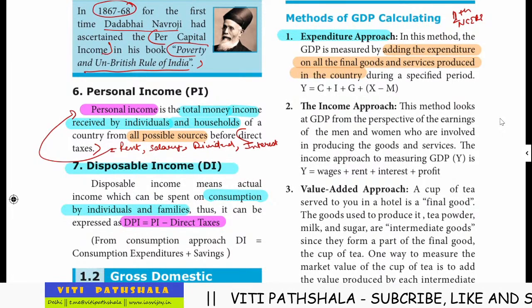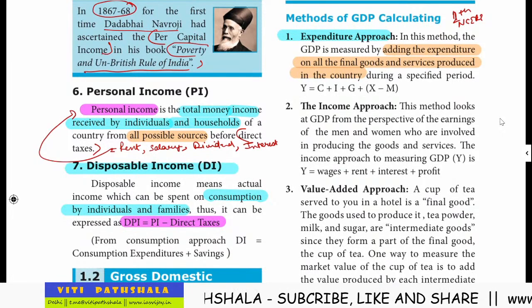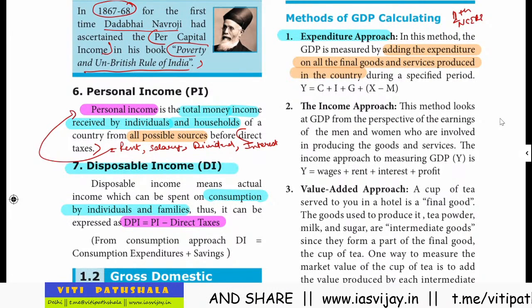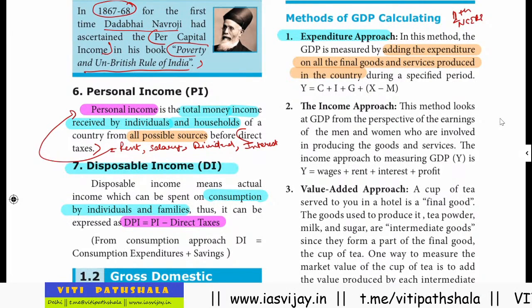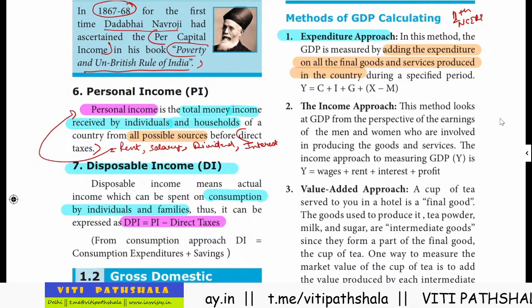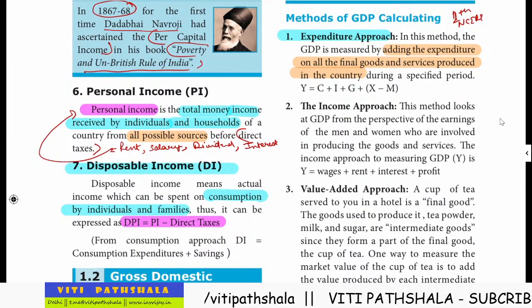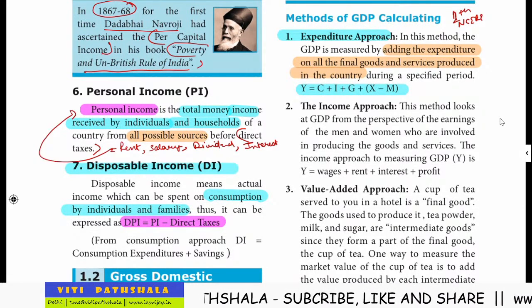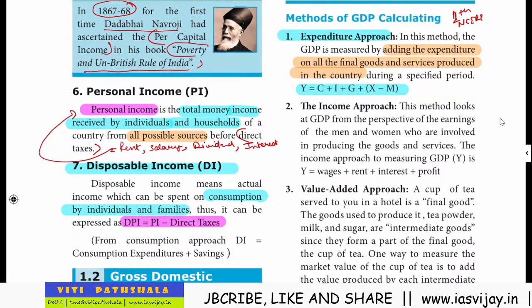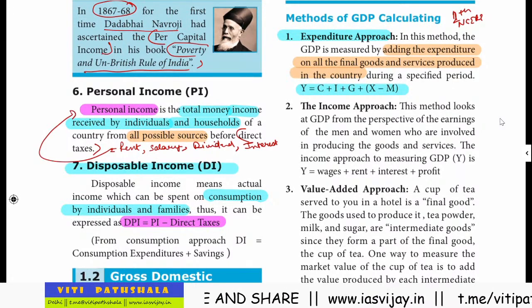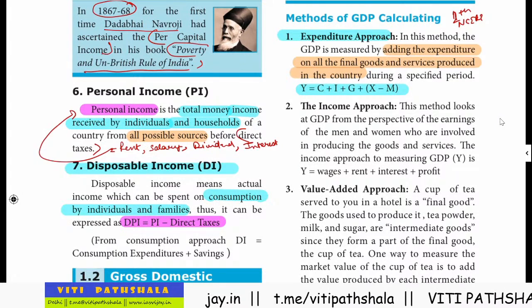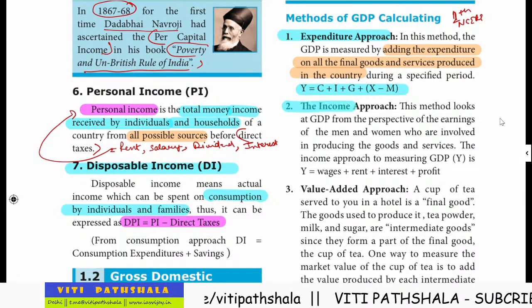So here you are taking the expenditure, how much is being spent, during a specific time period. So expenditure equals consumption plus investment plus government expenditure plus exports minus imports. This is the formula for the expenditure method. The other one is the income approach.